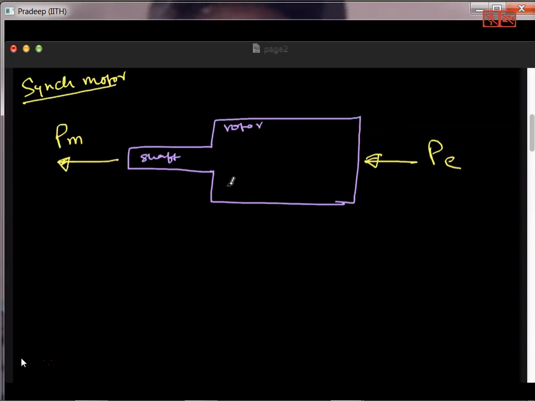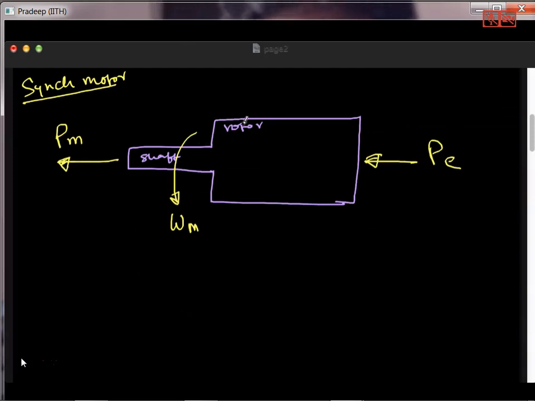And what about the rotation? Let's say it is rotating like this. If I look from this side, it is rotating counterclockwise. So let's define the rotation as angular velocity omega m, in radians per second. Now because of this electrical power input, electrical torque is created.